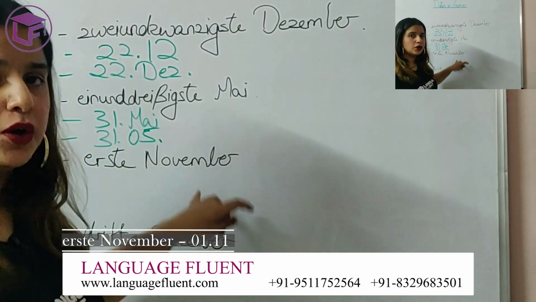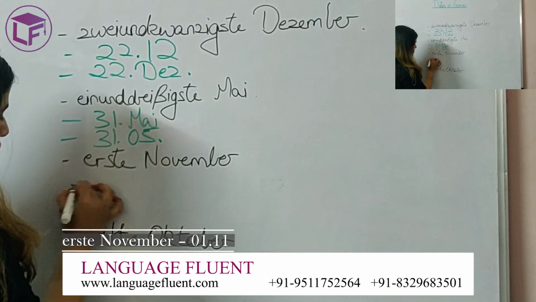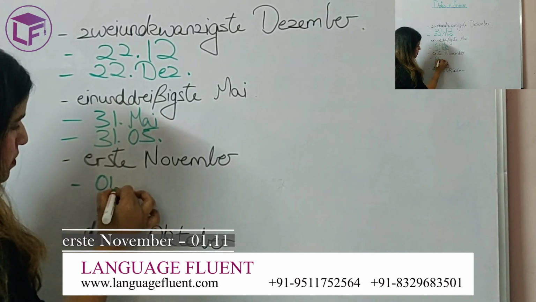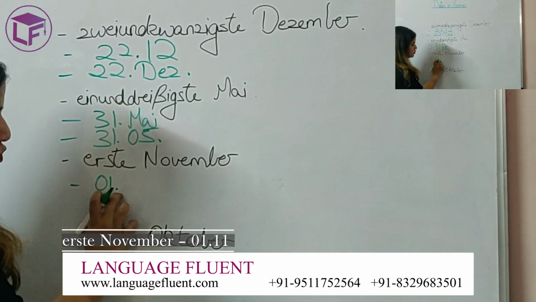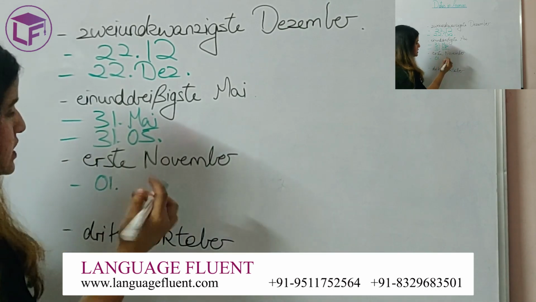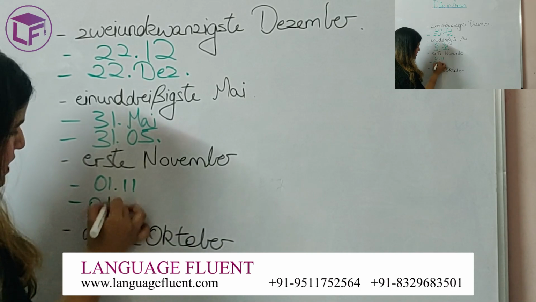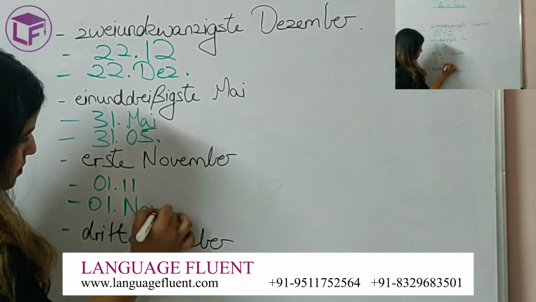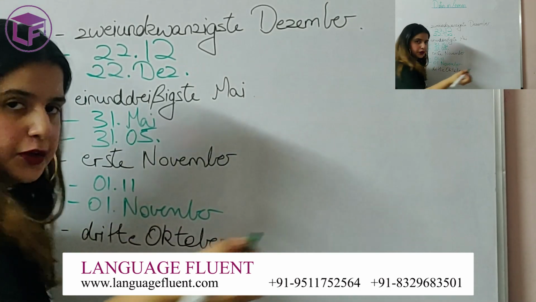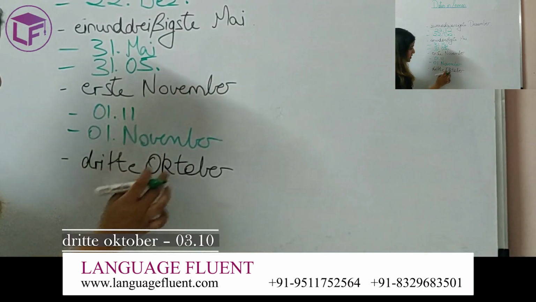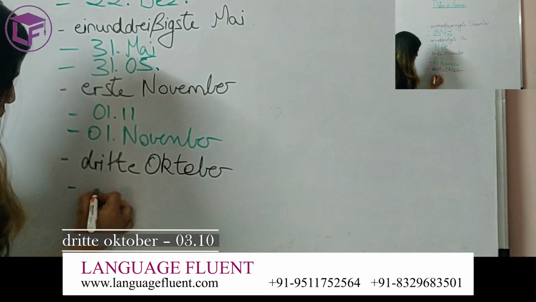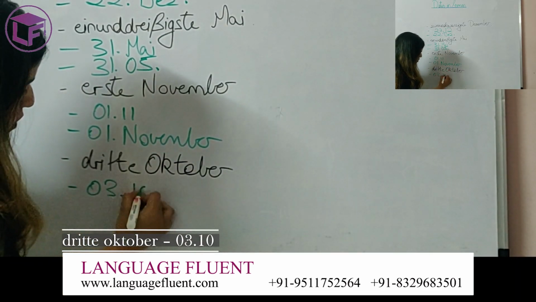Now 1. November. Here the dot usually stands for the TE. So 1. November, or 1. 11. Then 3.